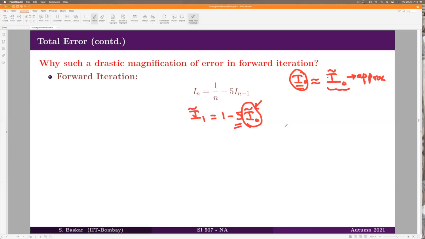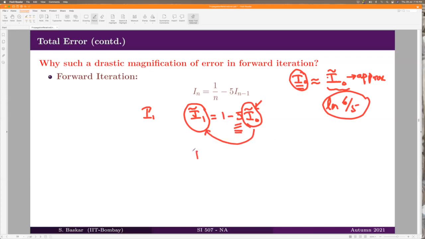Let me denote it by I1 tilde. I want I1, but my computer gave I1 tilde. Why did that approximation come? Because it calculated log 6 by 5 only approximately, not exactly, thereby it had some error. That error is magnified 5 times, and that is sitting inside this.